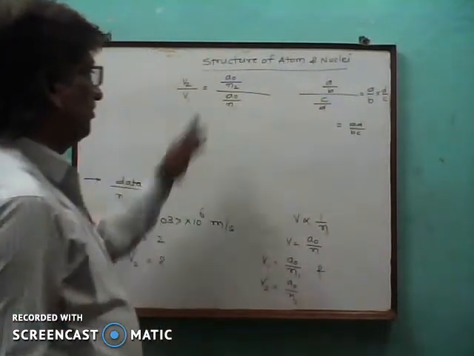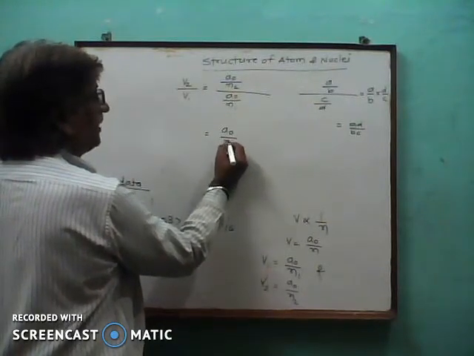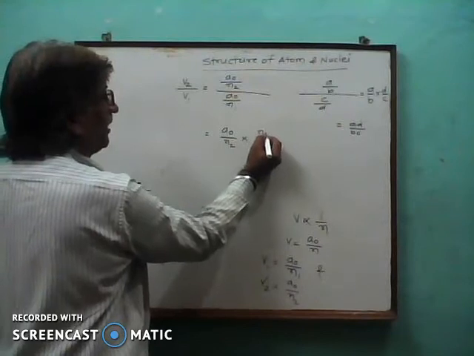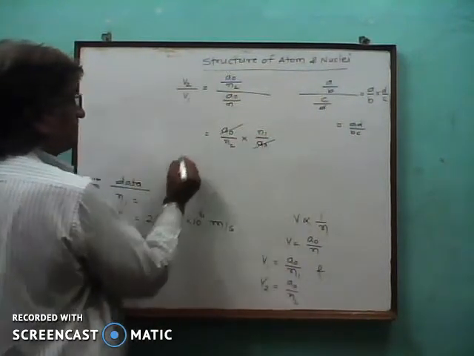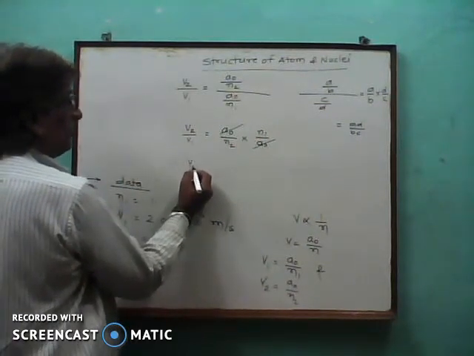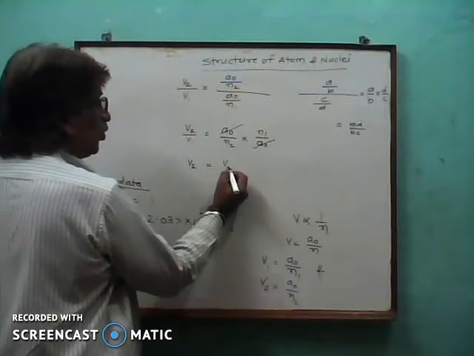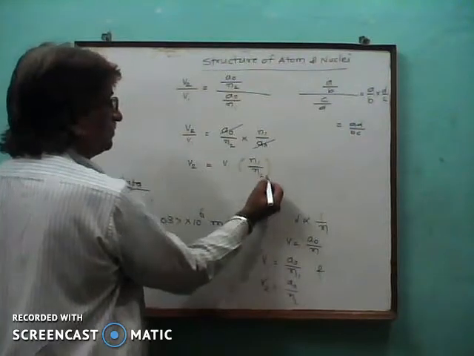Using that formula, here we get A0 upon n2 multiplied by n1 upon A0. A0 gets cancelled, so V2 upon V1 equals n1 upon n2. Therefore V2 is equal to V1 into n1 upon n2.